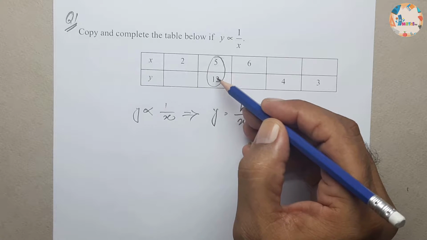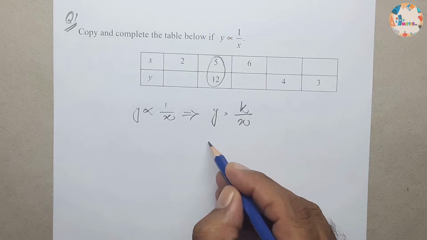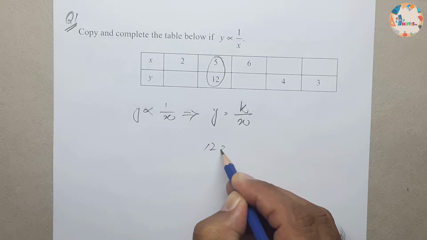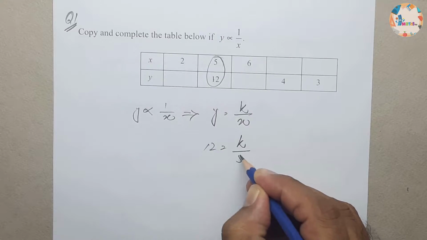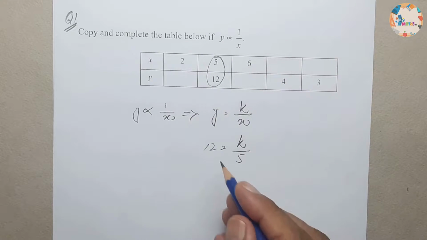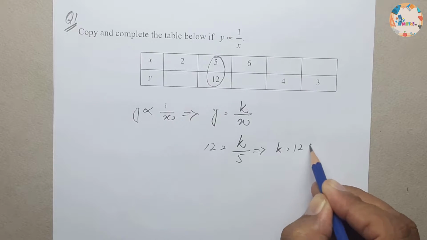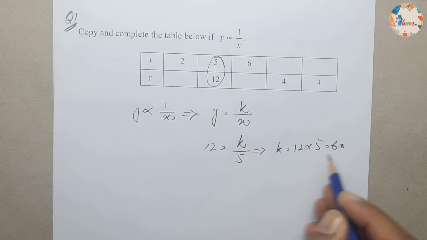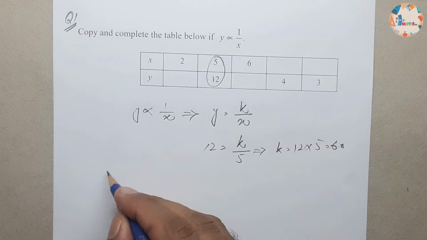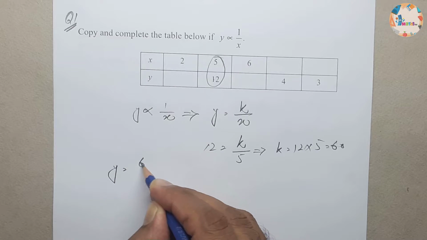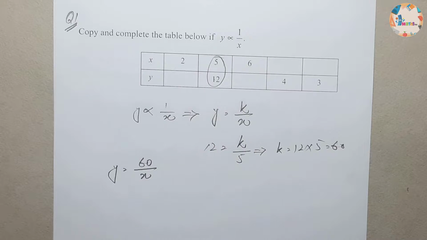We can use these two values to find k. The y value is 12, so we write 12 is equal to k over 5. This implies k is equal to 12 into 5, which is 60. We replace k with 60 and get y is equal to 60 over x. This will be our equation.